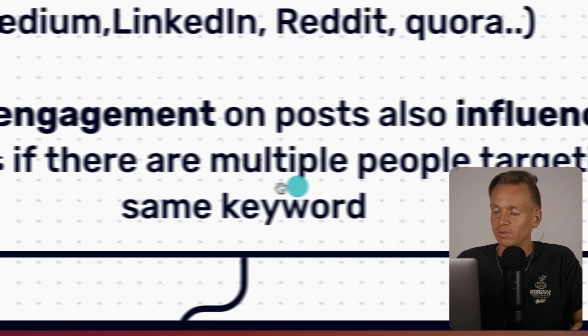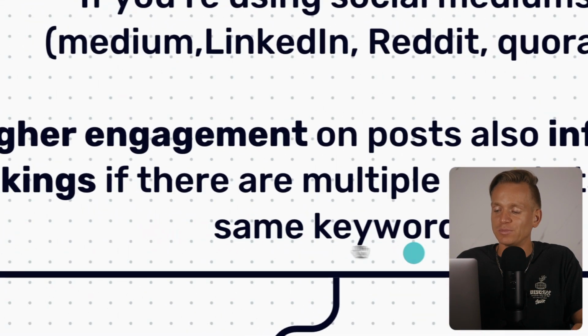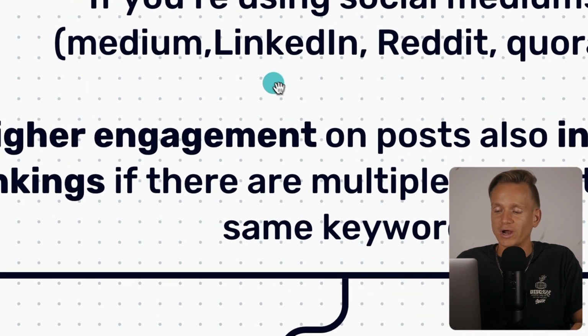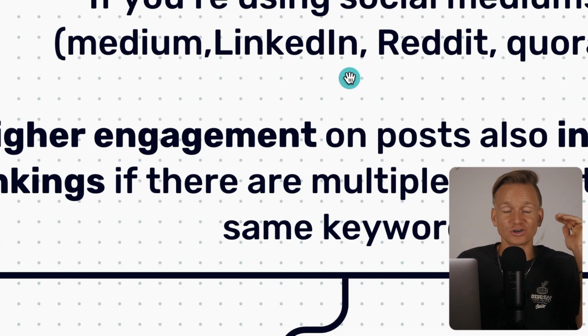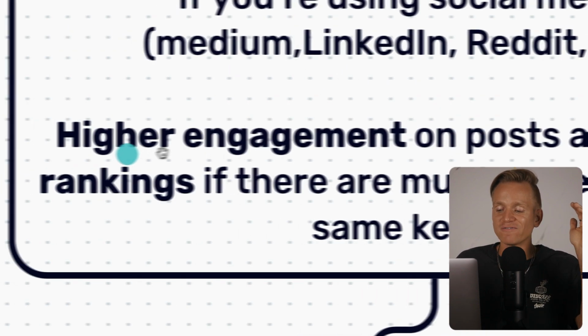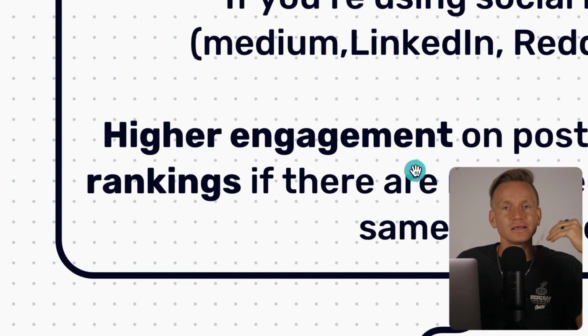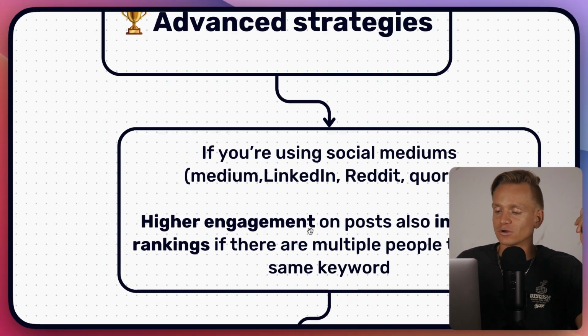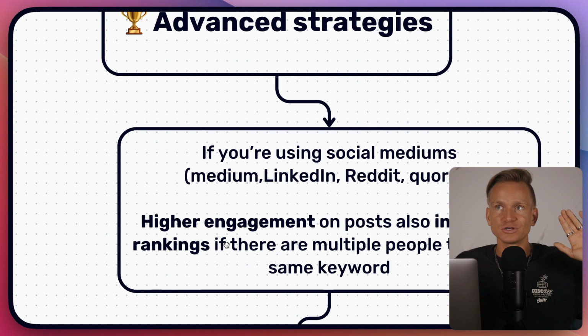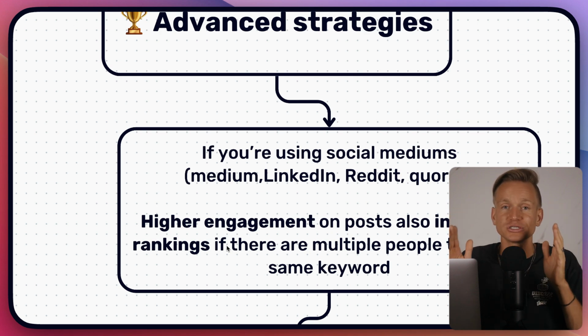Let's say you write an article on LinkedIn and there's already an article targeting exactly the same keyword. If you have more engagement, most likely you are going to rank higher. It doesn't mean that higher engagement right away makes you rank higher, but it helps your chances.